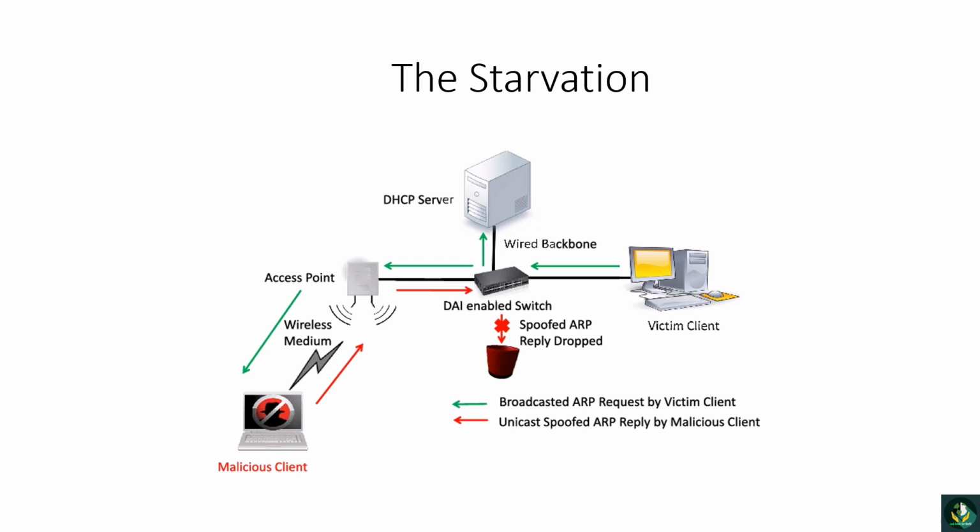Now there are several programs out there that can be used to accomplish these types of attacks. One of the more famous ones is called Gobbler, as well as a program called Yersinia. In fact, you can just use Yersinia on Kali Linux. If you just search for the application Yersinia, it will come up.